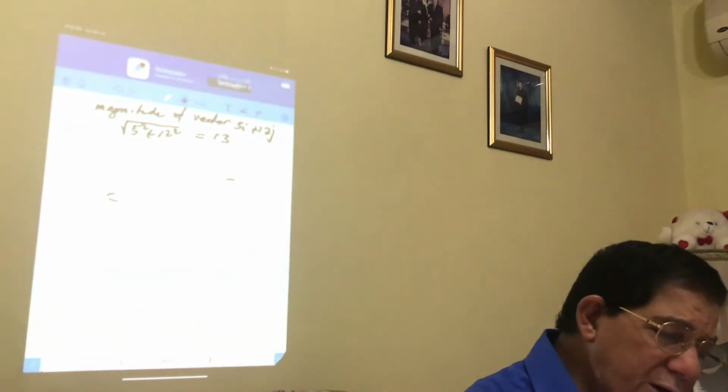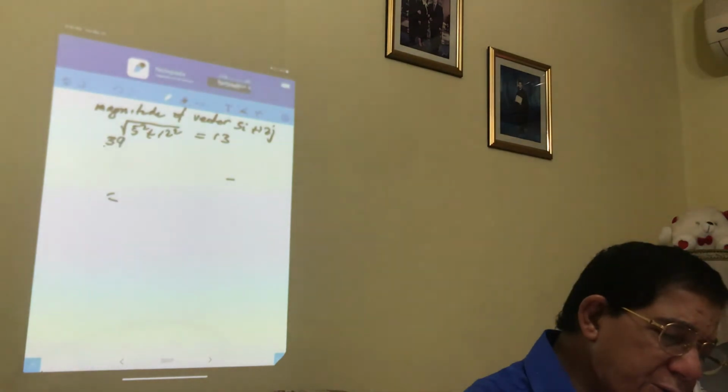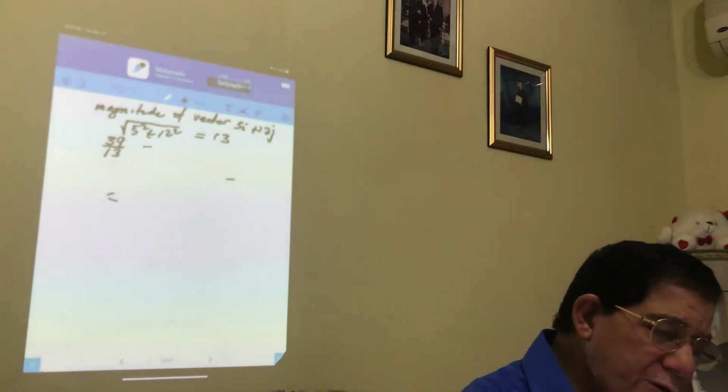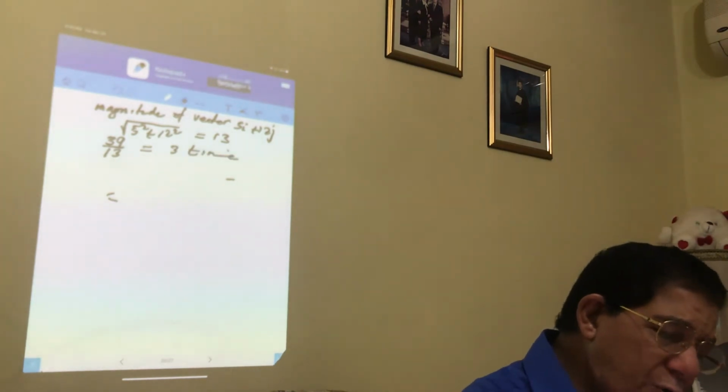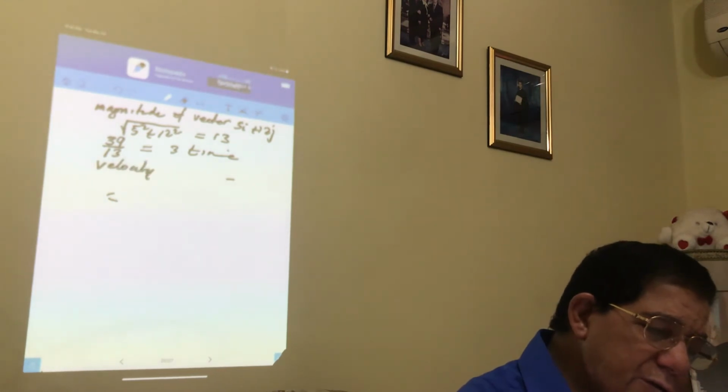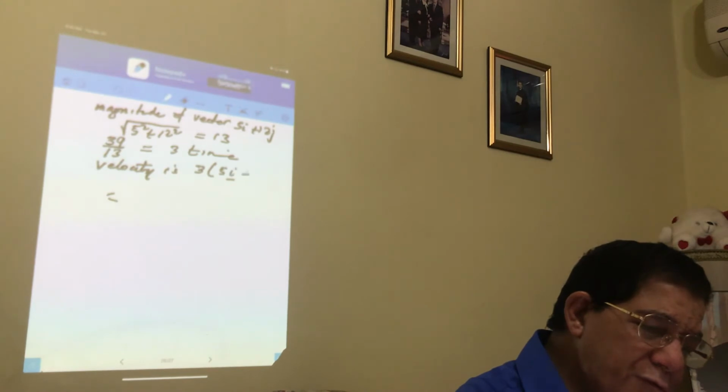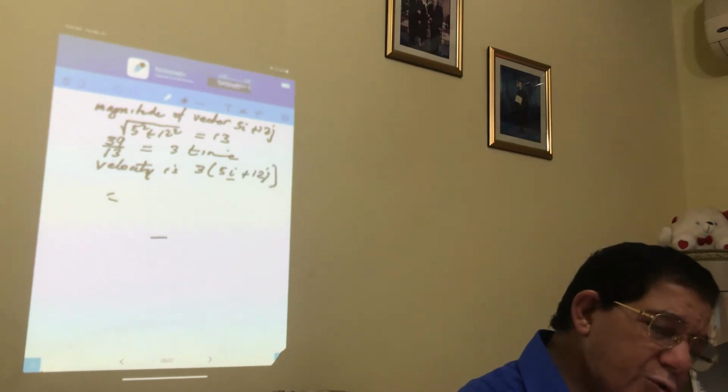The 39 is how many times the 13? It is 3 times. Therefore, our velocity is 3 times the vector 5i plus 12j, which means 15i plus 36j.